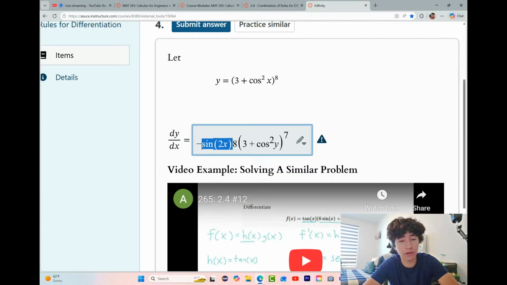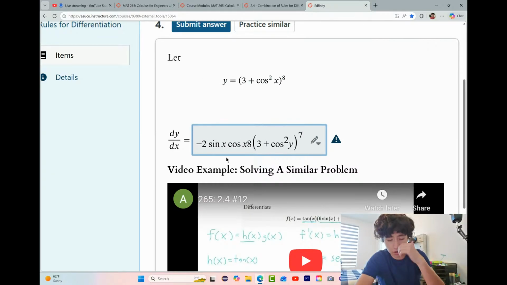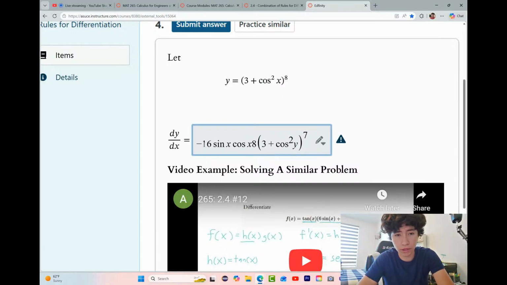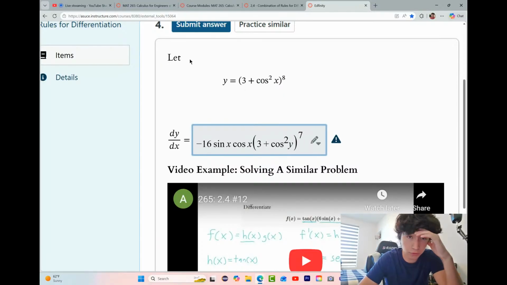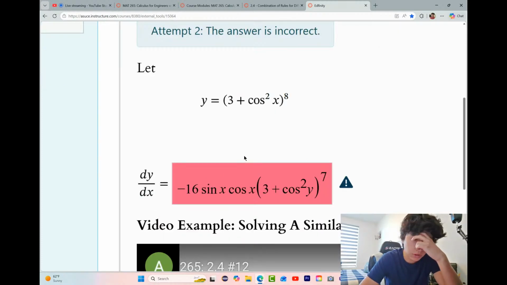Yeah, so we don't have negative sine of 2x. We have negative 2 sine of x cosine of x. Hold on. Yeah, I think I did this right. If I do not get this right, I'll have to check my math. Okay, what did we get wrong?